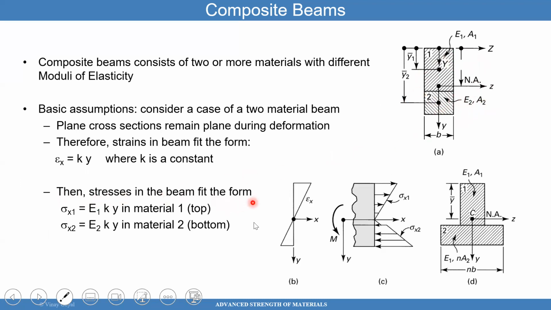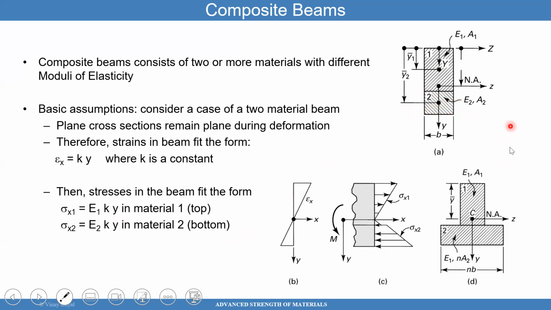So the stresses in the beam will have to fit the form, since stress equals the modulus of the material times epsilon. Then if I plug this in here, I should get the stress in material 1, the top material, and then the stress in material 2 will have to be the one here, because E2 times the strain gives you the stress in the bottom material.